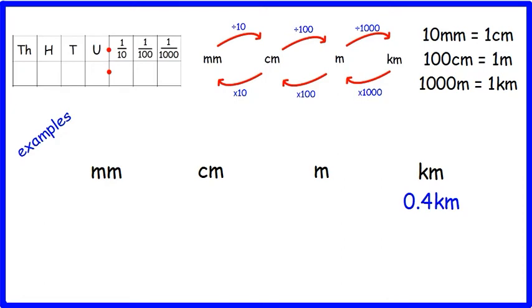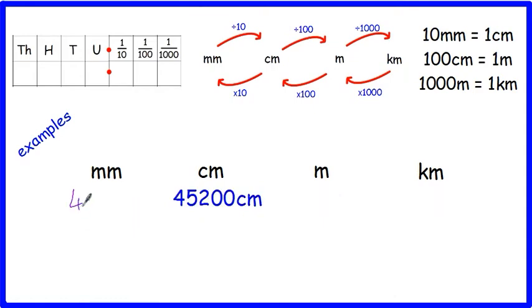0.4 kilometers multiplied by 1,000. So multiply by 1,000, 1, 2, 3 is 400 meters. So that becomes 400, and then put on my 2 zeros, and put on my extra 0. 45,200 centimeters.